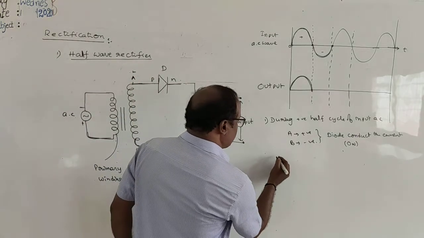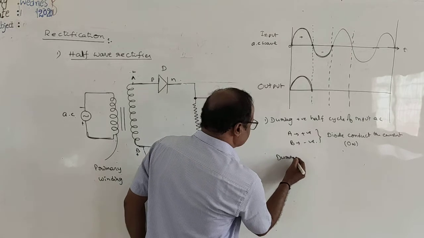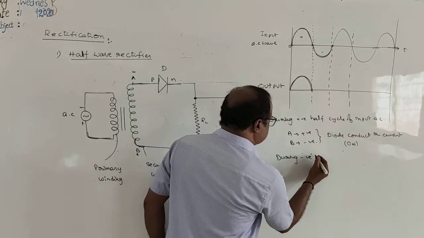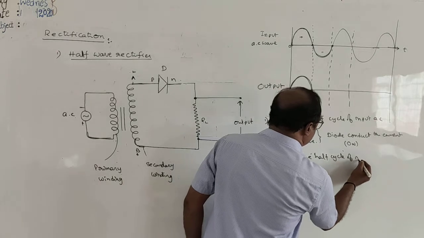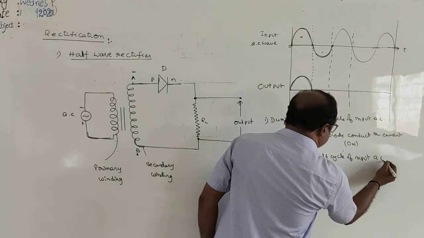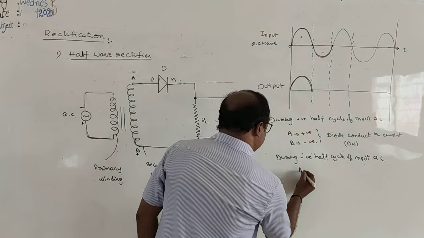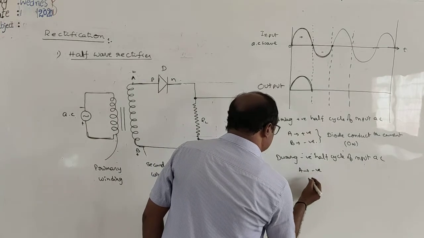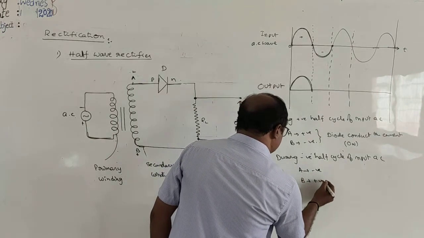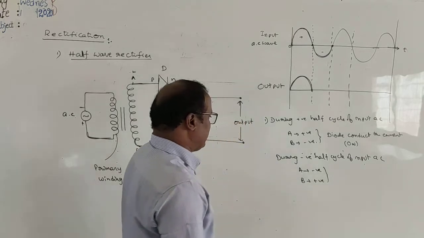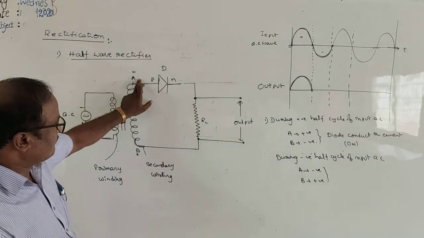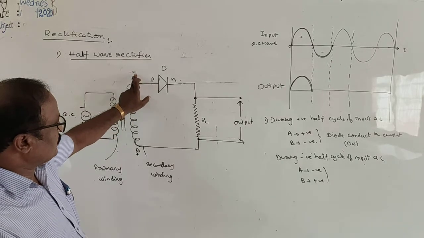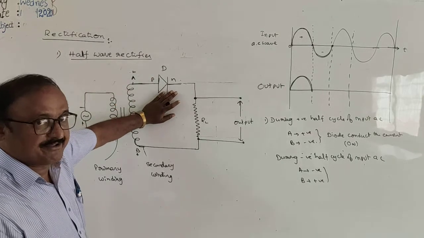So during the negative half cycle of input AC, A becomes negative and B becomes positive. A becomes negative means the P type is connected to the negative polarity. If P is connected to negative polarity, the diode is said to be in reverse bias condition.